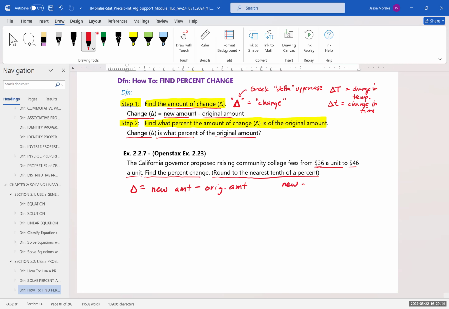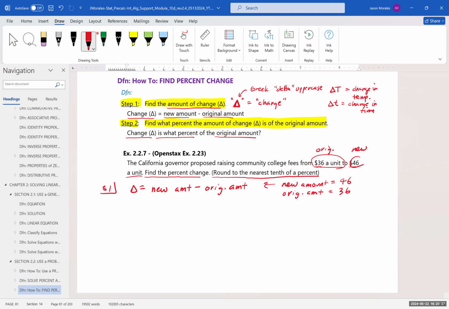The $36 a unit was the original, and 46 is the new. So the new amount is 46, and the original amount is 36. So we can go ahead and plug those in here.